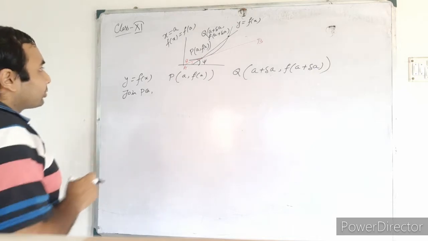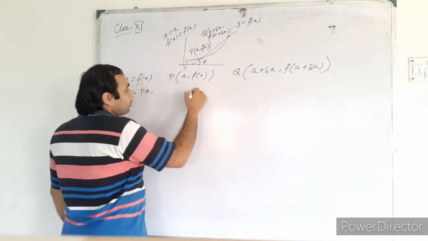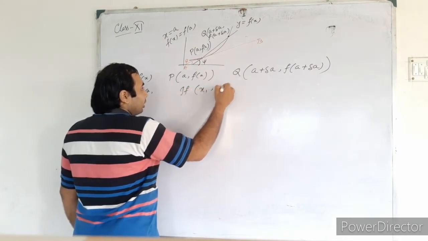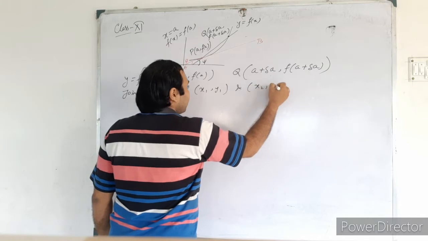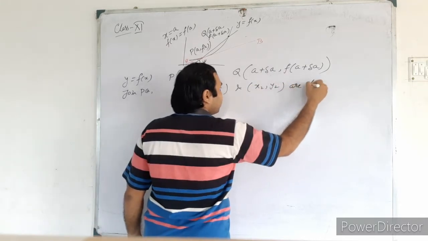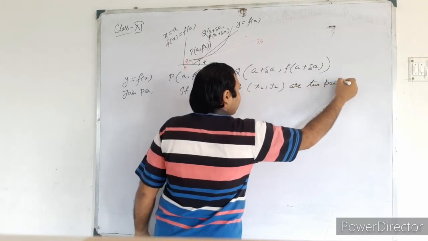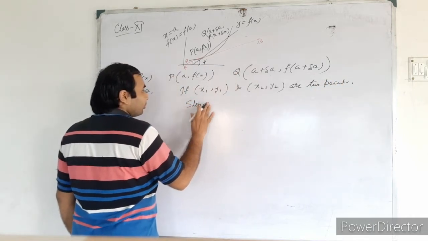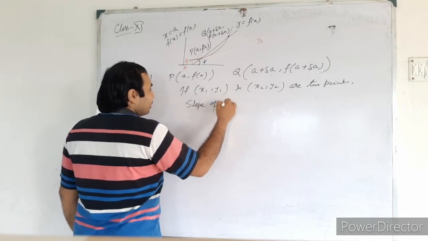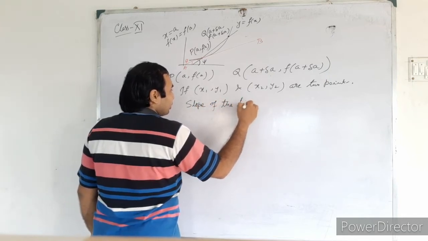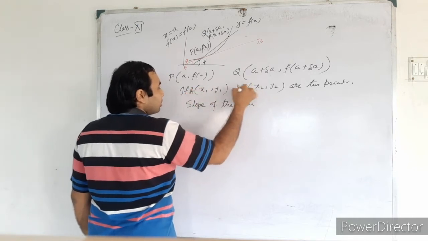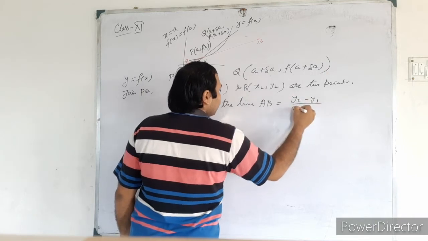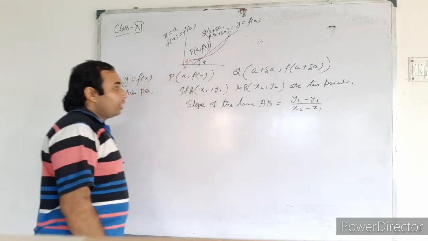The slope of a straight line: if (x1, y1) and (x2, y2) are two points, A and B, then the slope of the line AB will be (y2 minus y1) by (x2 minus x1). This is the slope.